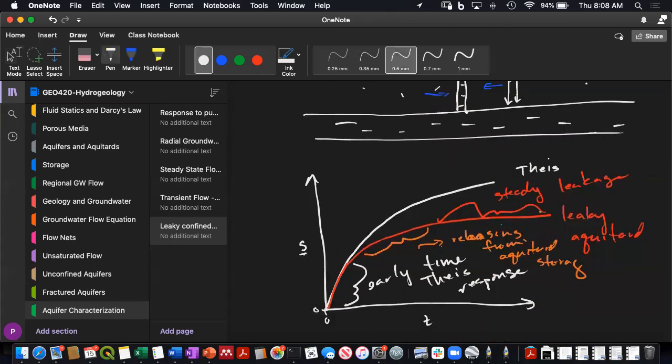That is this red curve here: leakage from the aquitard is adding water, and so our drawdown is less than the Theis response.